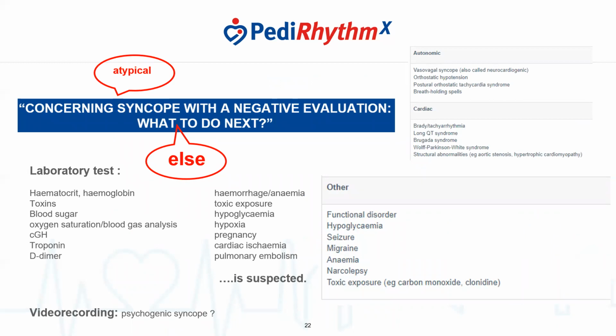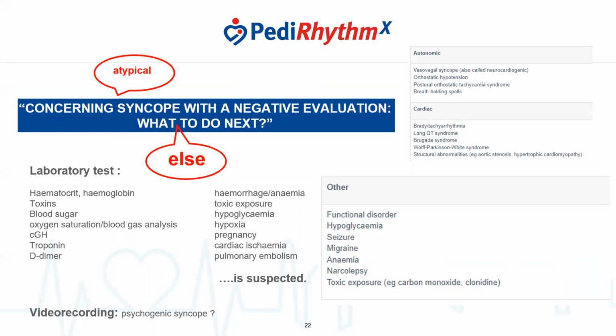Concerning atypical syncope, what else can we do? Hematocrit and hemoglobin should be investigated if hemorrhage or anemia is suspected. Toxins, blood sugar, and blood gas should be tested if toxic exposure, hypoglycemia, or hypoxia is suspected.